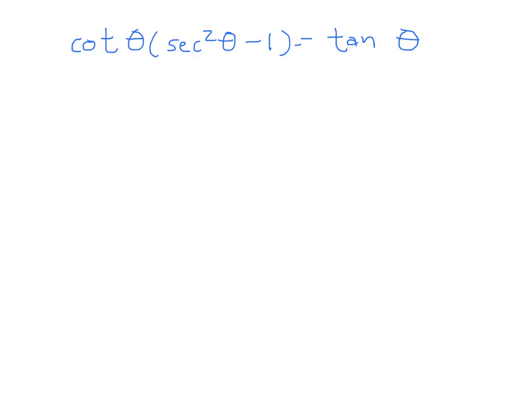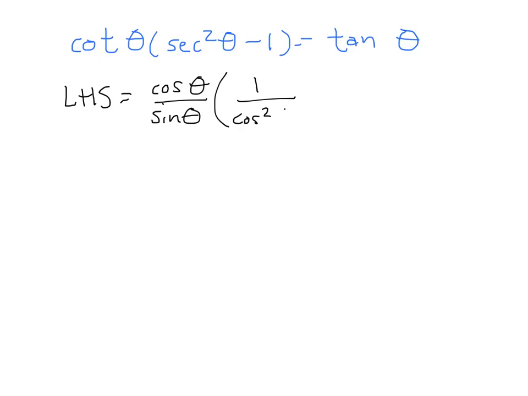But we have a left-hand side, and if we turn our cotans and secs into sines and cosines, we have cotan, that's cos theta over sine theta, it's the opposite of tan. Bracket, sec is just 1 over cos, so it's 1 over cos squared theta minus 1.